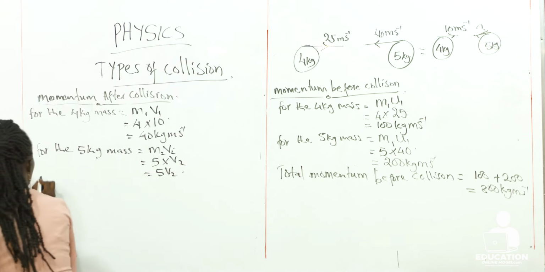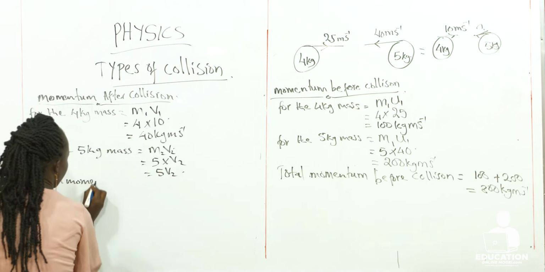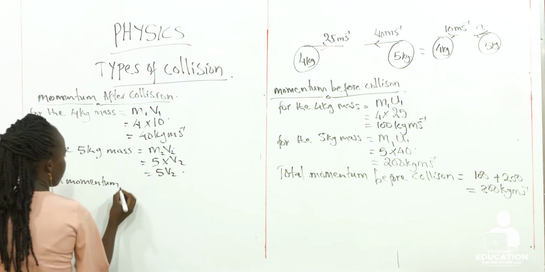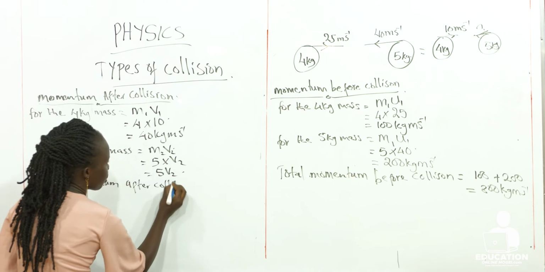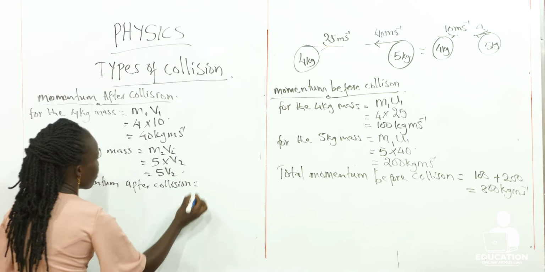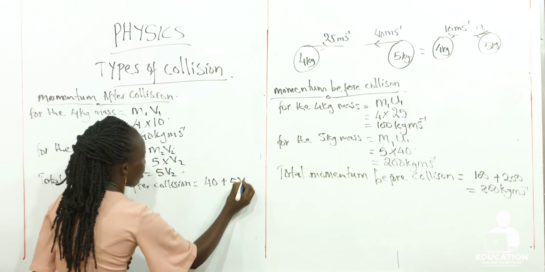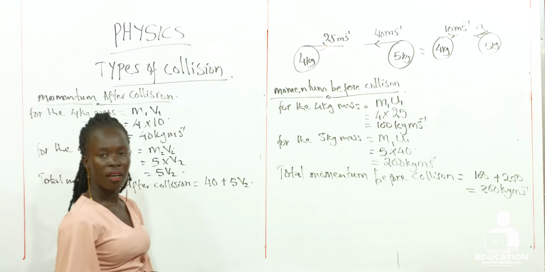We shall have our total momentum after collision, which will give us 40 plus 5 V2. So if we have that, let's conserve momentum.